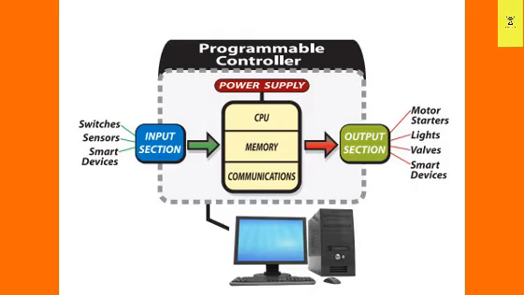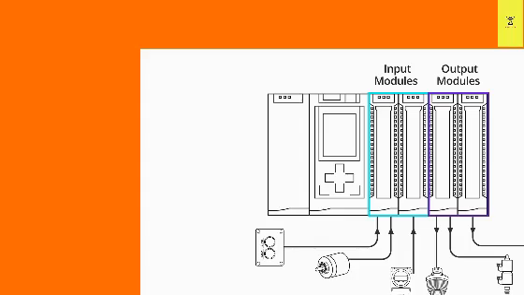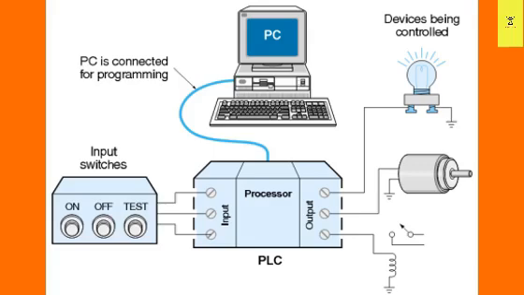The next part is input and output modules. The input module receives signals from sensors and switches. It means it receives the signals from the input devices.